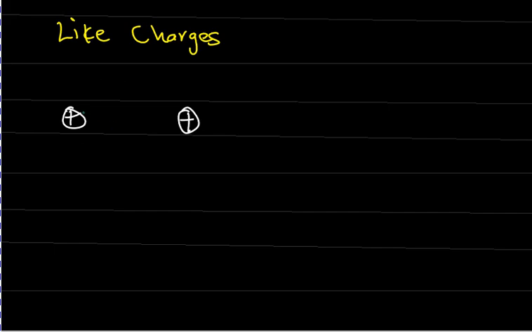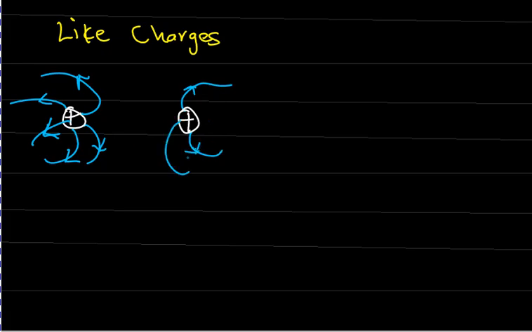In that case, the line of force will always curve away from the other charge, indicating that there's a force of repulsion. So if you want to draw that, this is exactly what you're going to do. This curvature indicates that repulsion is existing.